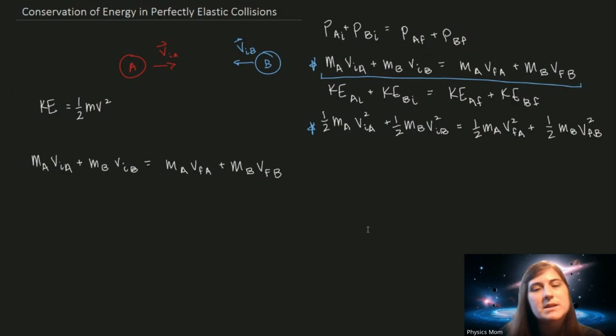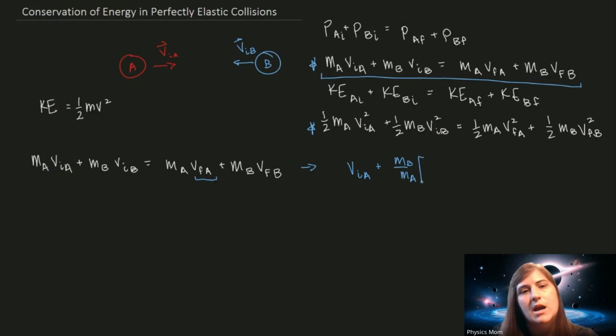We can set the momentum equation and solve for this final velocity of A. If I subtract this to the left side, and then divide everything by the mass of A, I get essentially that the initial velocity of A plus the mass of B over the mass of A times the initial velocity of B minus the final velocity of B is my expression for solving for the final velocity of A. I should have put that on there.